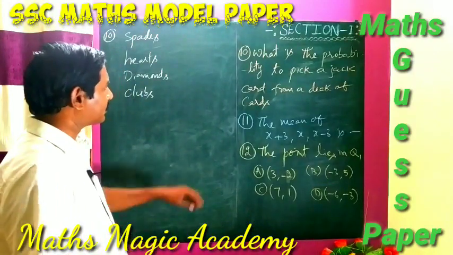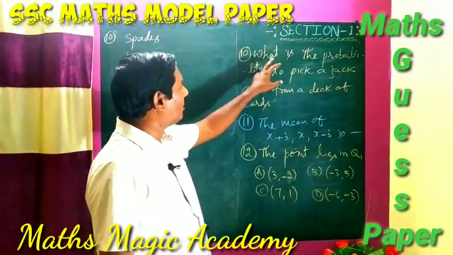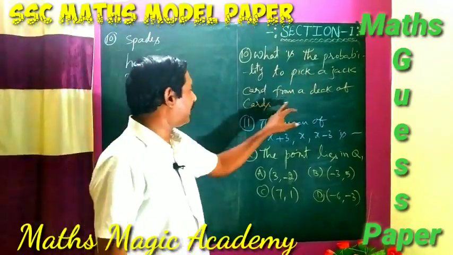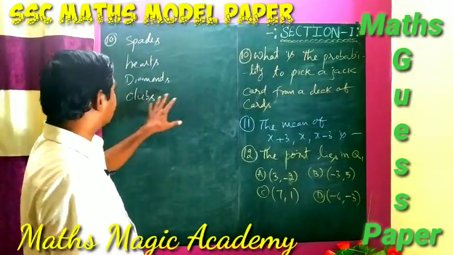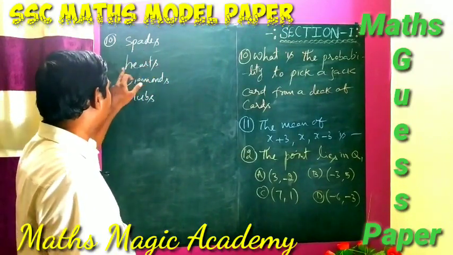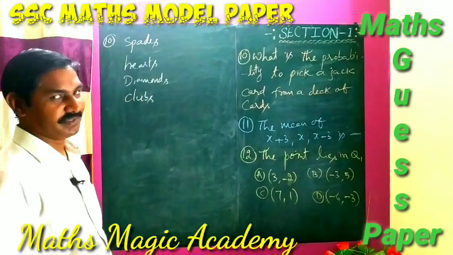Okay, the next question, the 10th one in section 1. What is the probability of picking a jack card from a deck of cards? It is a deck of cards. In a deck, spades, hearts, diamonds and clubs will be there.